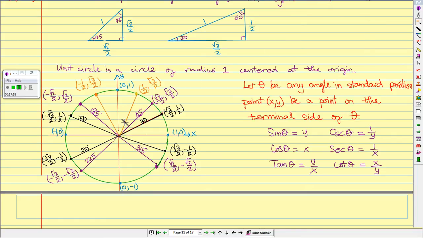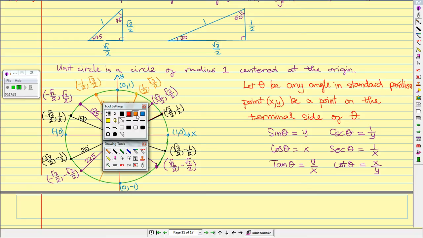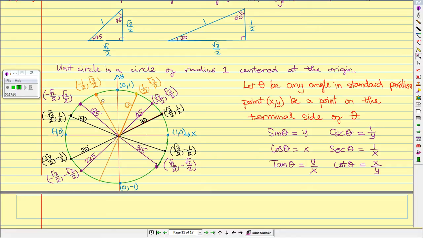Now we go back to the first quadrant. We take the point where 60 degrees is, and we are going to reflect across the origin. And let me go back and label, so we all know this is 60 and this is 120.